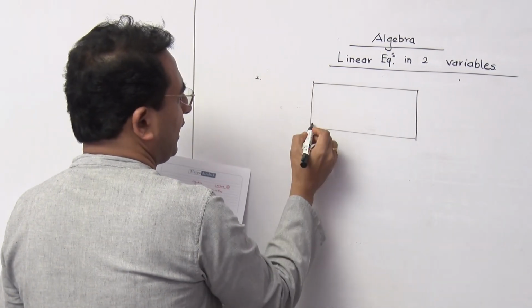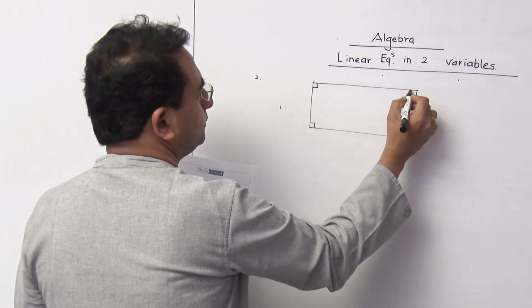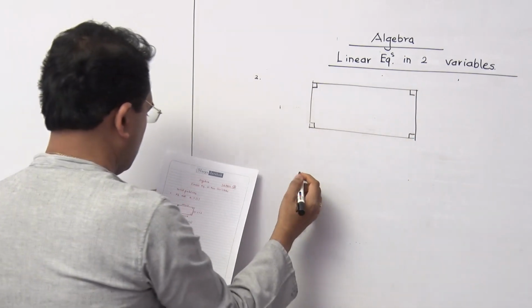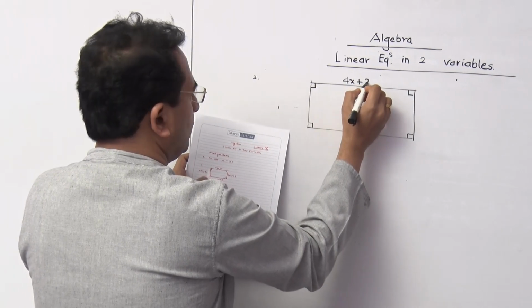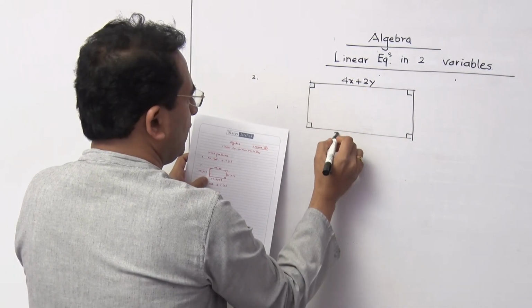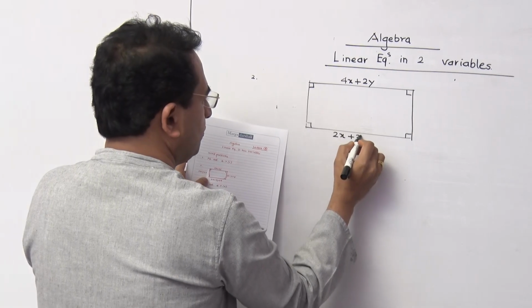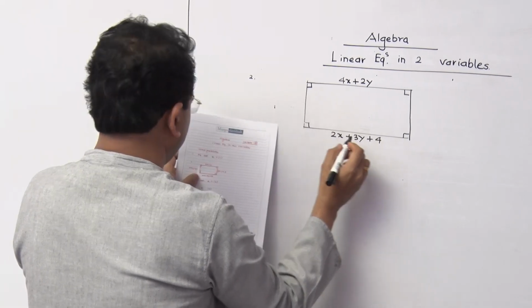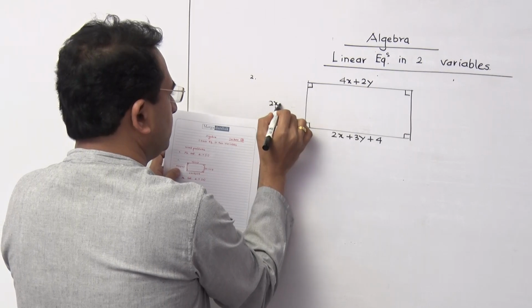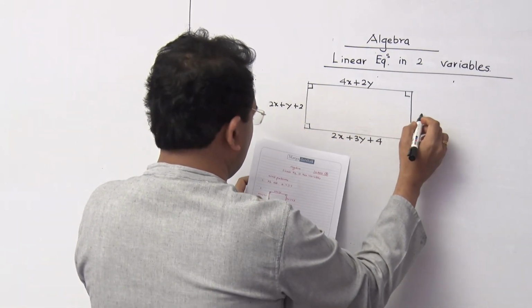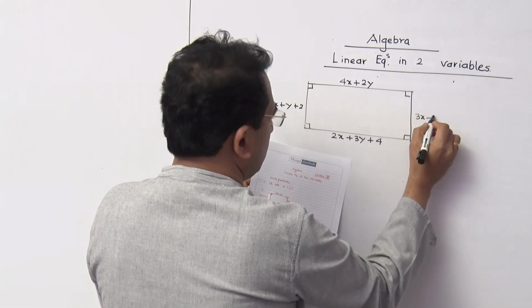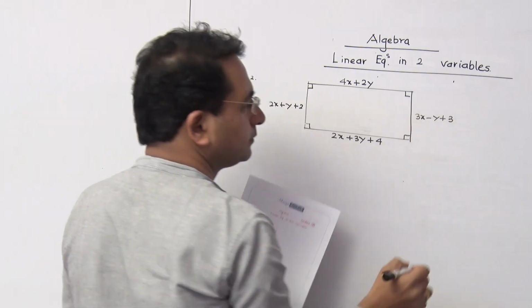Now this is the rectangle which they have shown. They have given certain values here: 4x plus 2y, then 2x plus 3y plus 4, this is 2x plus y plus 2, and here they have given 3x minus y plus 3.